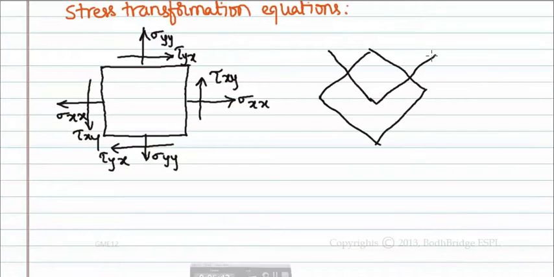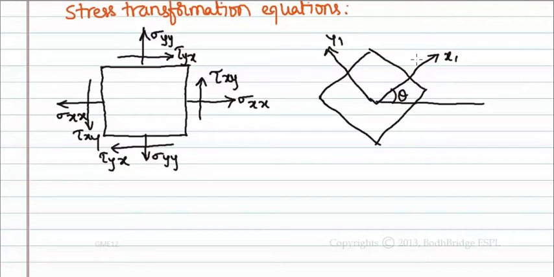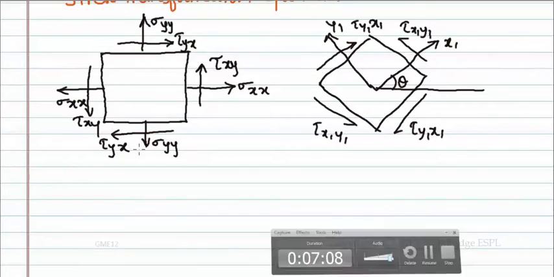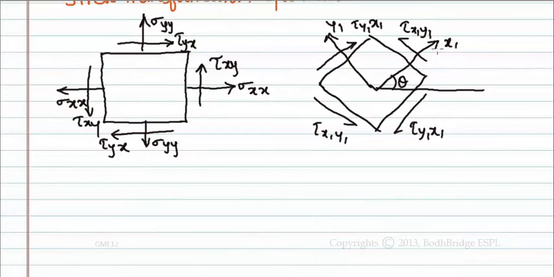Now the plane is tilted to axes x1 and y1, which are at an angle theta to the sigma xx and sigma yy in the previous diagram, and the shear stress acting is tau x1y1 and tau y1x1 respectively, and the stresses acting on x1 and y1 axes are sigma x1 and sigma y1 respectively.